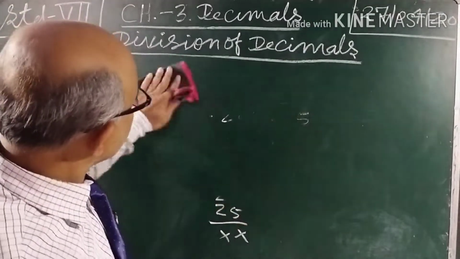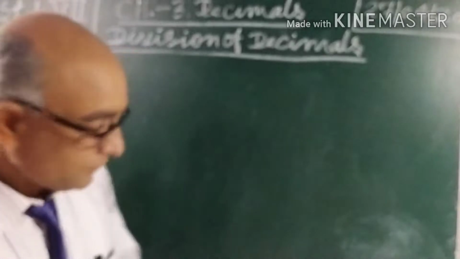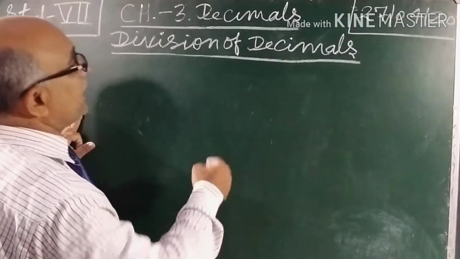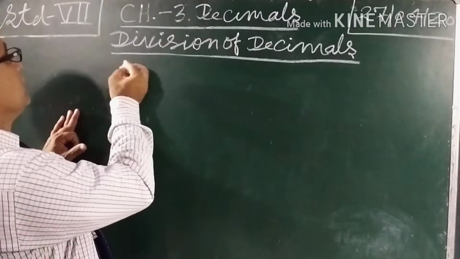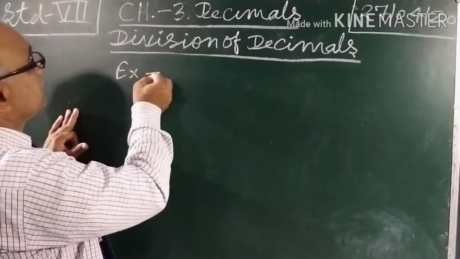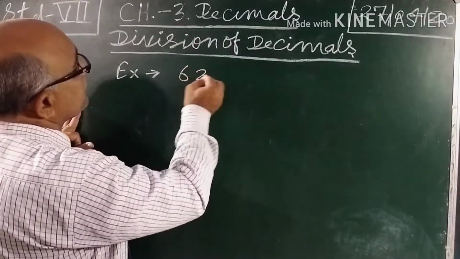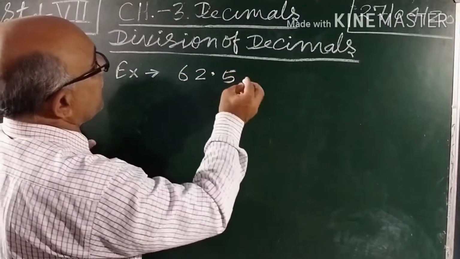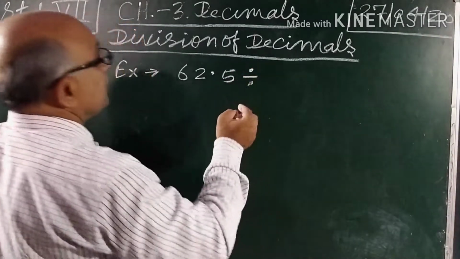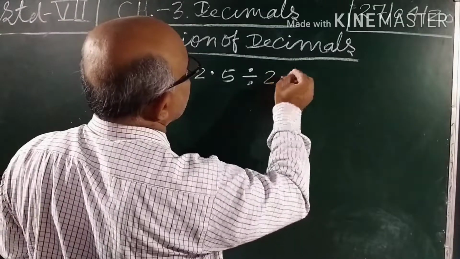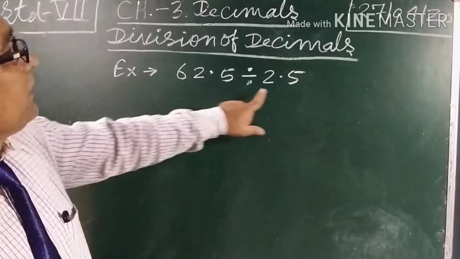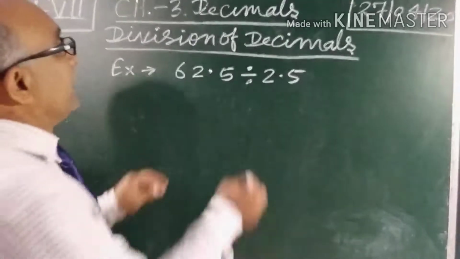Next example, decimals divided by a decimal number. So example, 62.5 divided by 2.5.